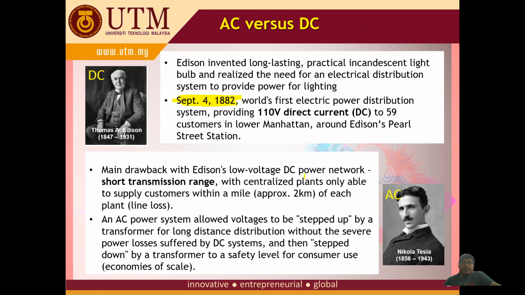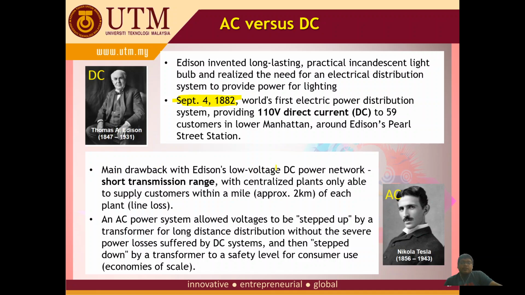Next, AC was designed by Nikola Tesla. Actually, based on the history, Nikola Tesla was one of the workers who worked with Thomas Edison.